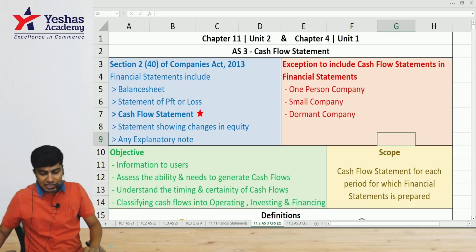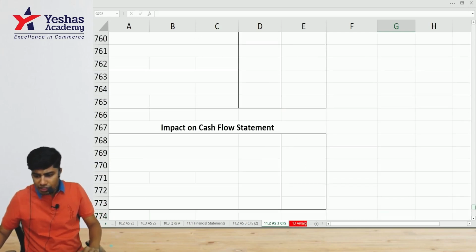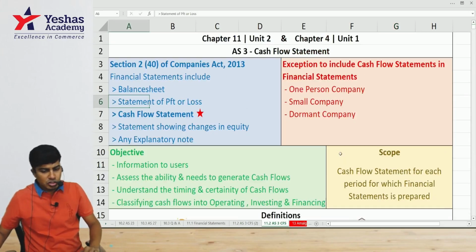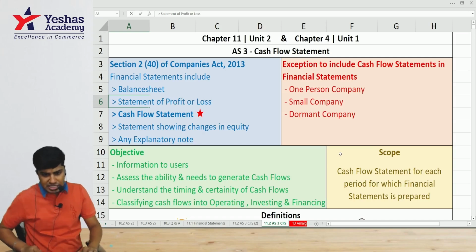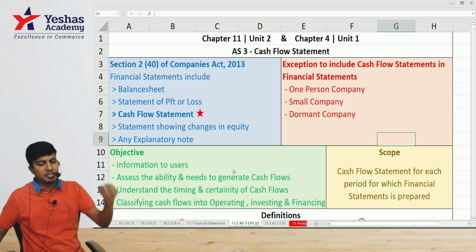We're already done with balance sheet and statement of profit or loss in our chapter 11. So now what are we trying to do? We're trying to learn cash flow statement, which is also part of the same definition.